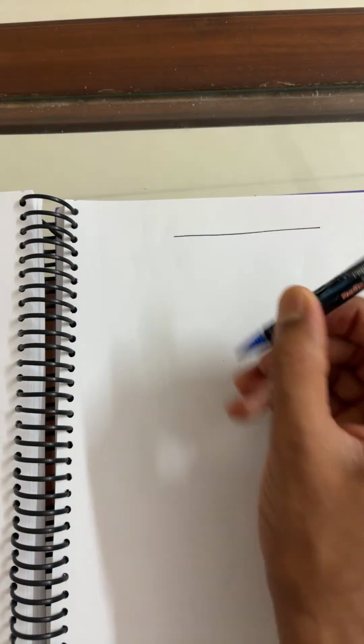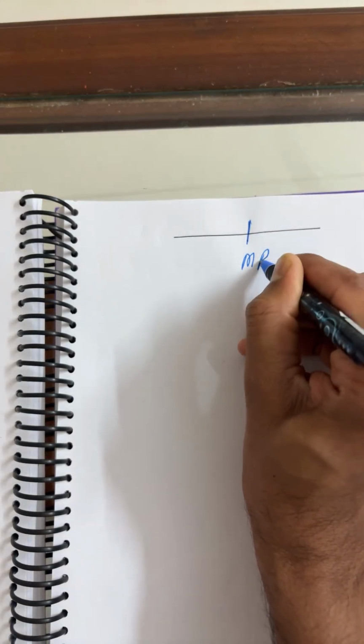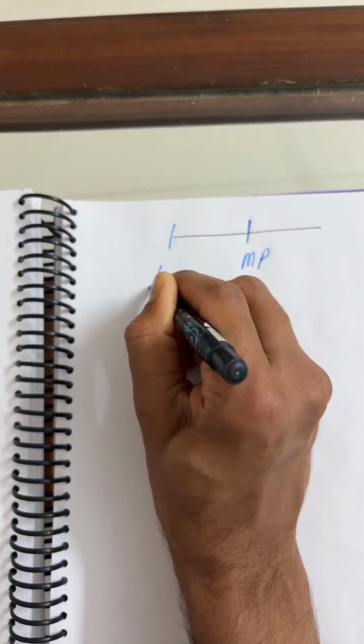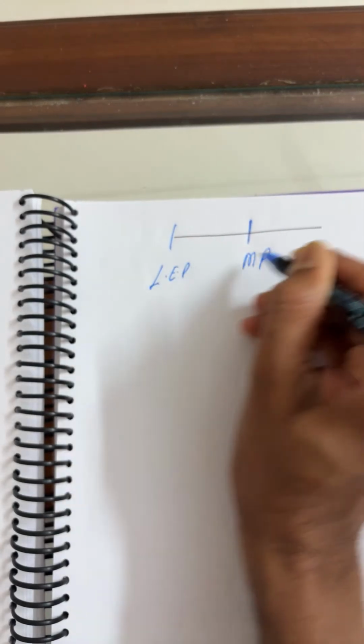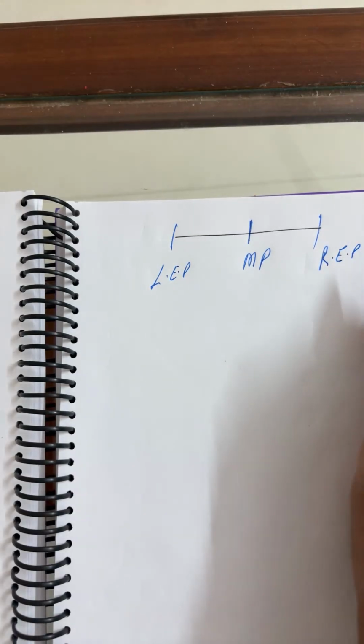Let us suppose this is the mean position, this is the left extreme position, and this is the right extreme position.